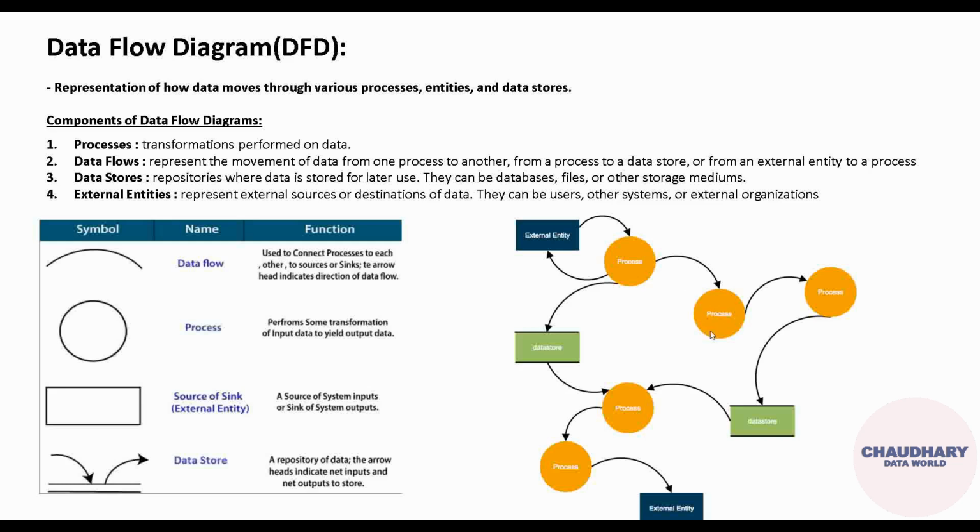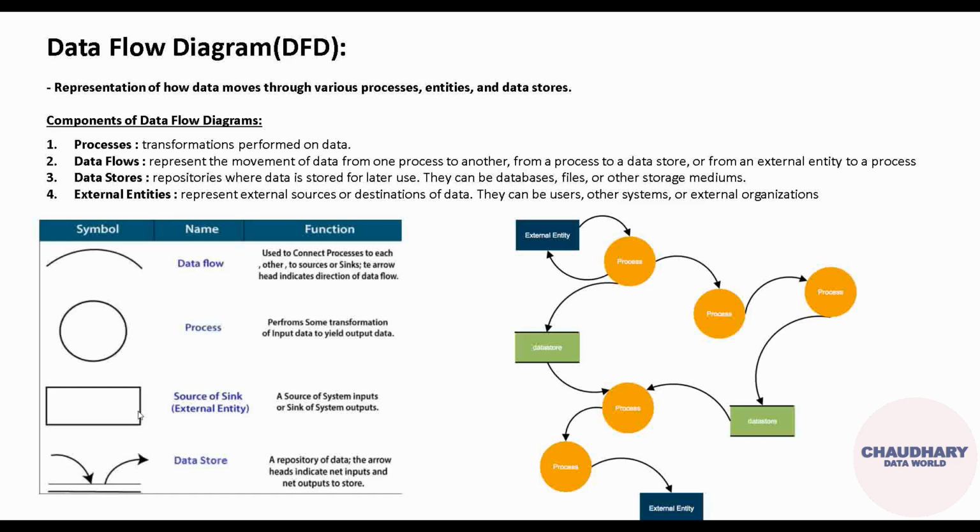These are different processes which are wrapped up with this particular circle, and when it has those processes, they get mapped with other entities, such as the data store or external entity, whatever the other data points are, again connected by the data flow, that means by a line.